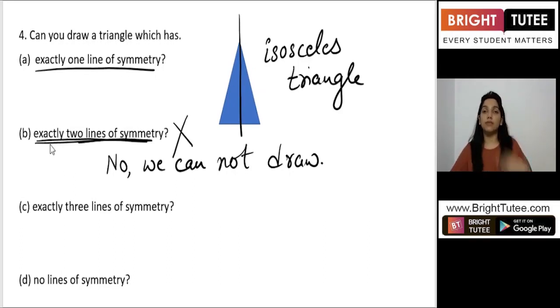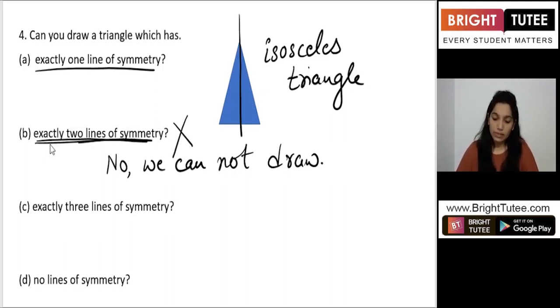The reason is, only three types of triangles are possible. It can be scalene, isosceles, or equilateral. If you draw a scalene triangle, then it is not possible to have any line of symmetry. If you draw an isosceles triangle, then only one line of symmetry is possible. If you draw an equilateral triangle, then we have three lines of symmetry. So there is no case where you can have two lines of symmetry in any triangle.